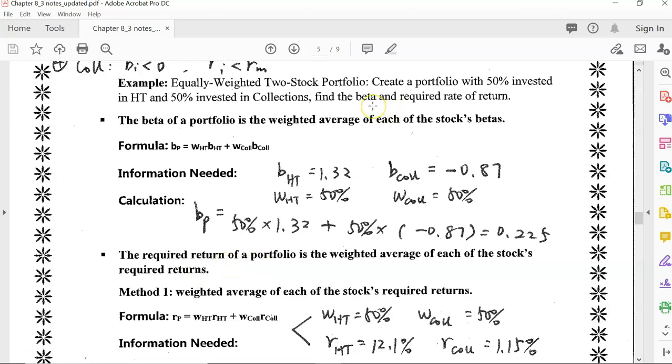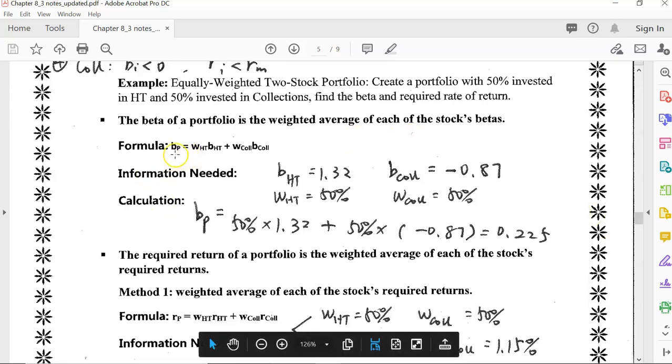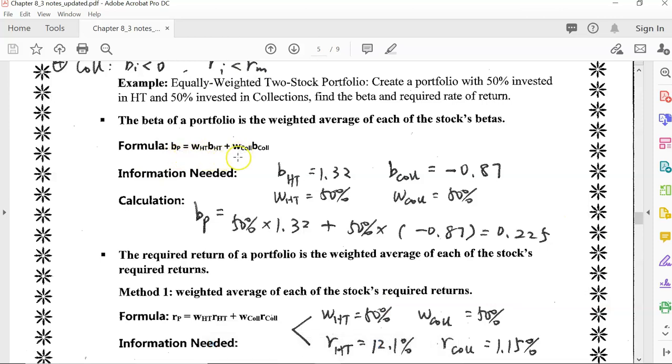For portfolio beta, it's the same as how we calculate portfolio return. We take the weighted average of the betas or the returns of the stocks in the portfolio. So in this example, beta portfolio equals the weights for high tech and collectible multiplied by the beta for high tech and collectible.